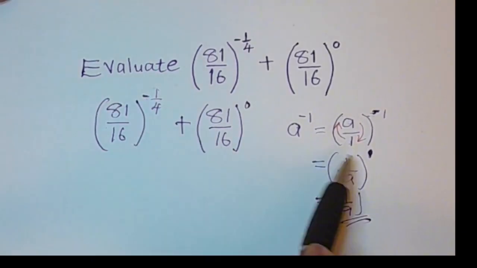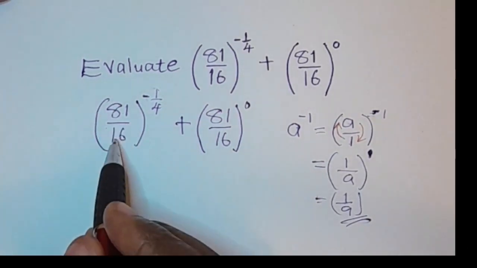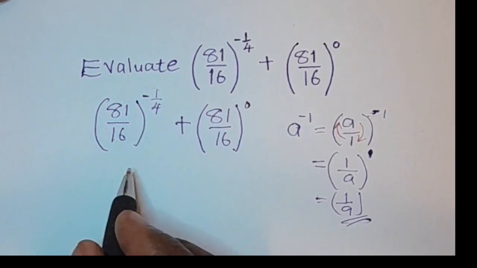Now with this knowledge, we can apply it here. We have 81 over 16 raised to the power negative 1.